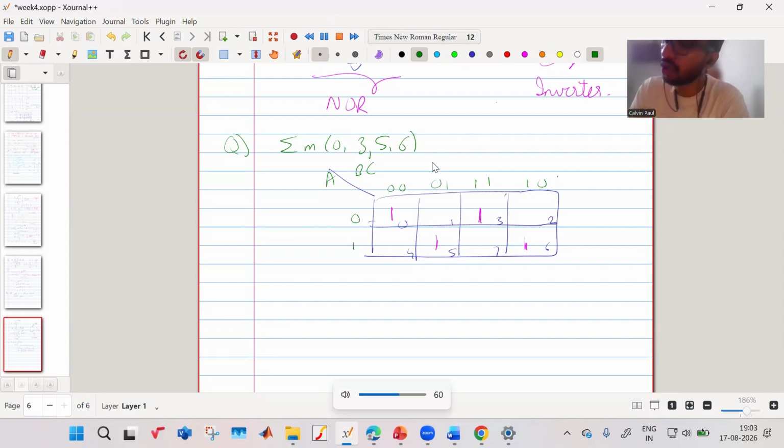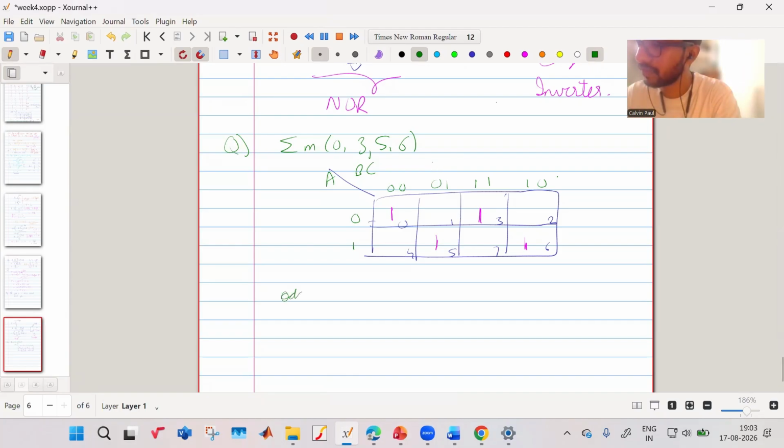Is it an odd function or an even function? Someone is saying odd function, someone is saying not odd, not even.